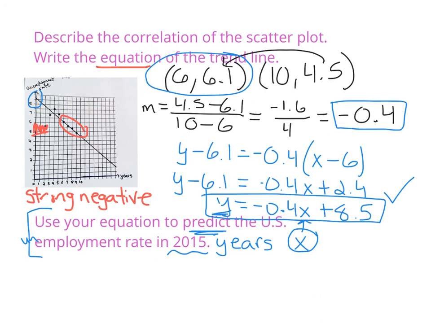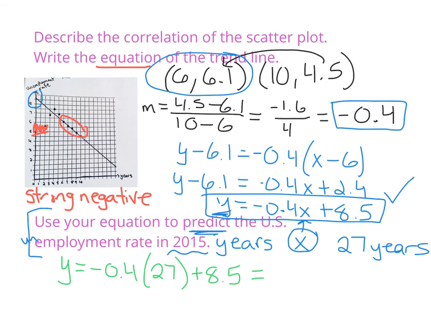But we're not plugging in 2015. 2015 is how many years after 1988? It's 27 years later. So we're going to plug in 27 into our function.